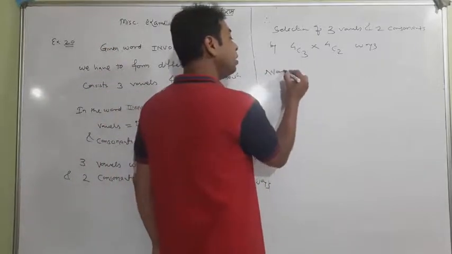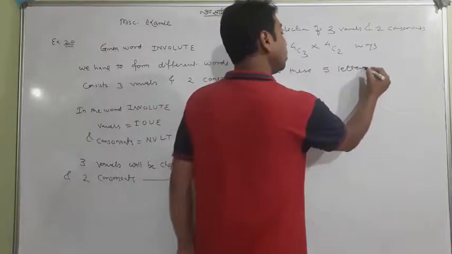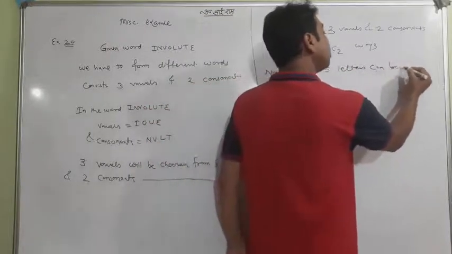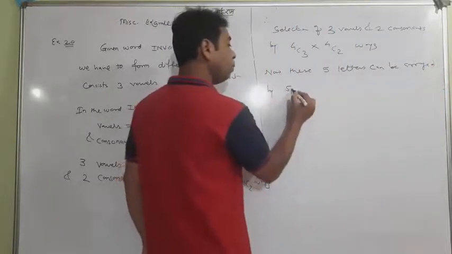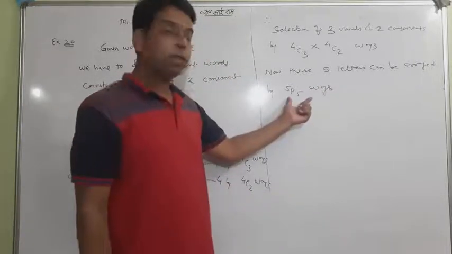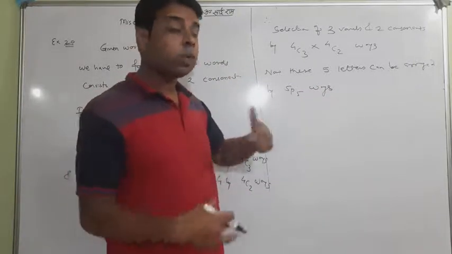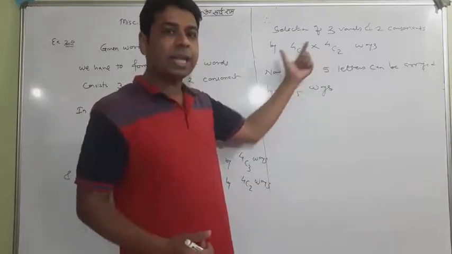Now these five letters can be arranged by 5P5 ways. Now these are the words, but you know this is not the answer. We first have chosen, selected, and then we arranged.